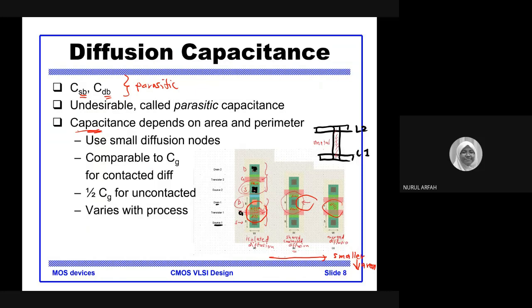It is comparable to the gate capacitance for the contacted diffusion, and half of the gate capacitance for uncontacted. All of this depends on the process, the process of the manufacturing technology.